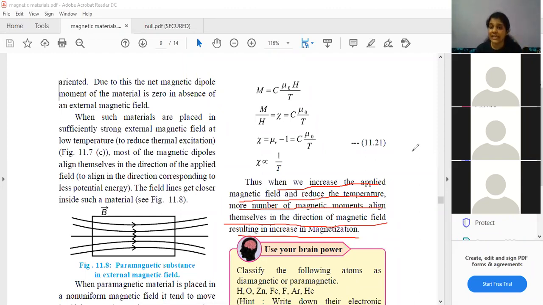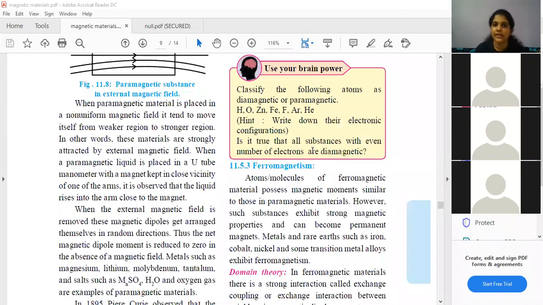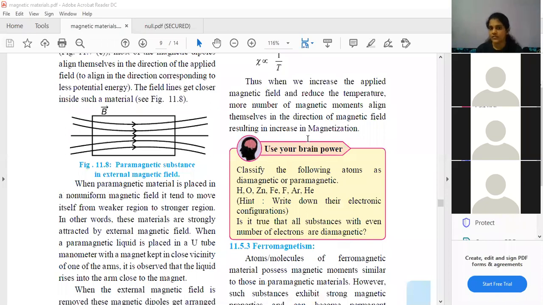So if you increase the magnetic field and decrease the temperature, you are increasing magnetization, as simple as that. In order to increase magnetization, you have to keep the temperature low. That is what this relation is indicating. Okay, fine. Alright, so with this we are done with paramagnetism.